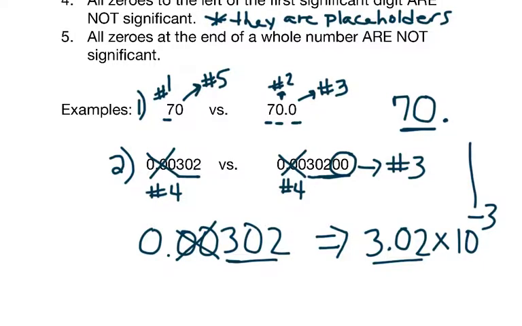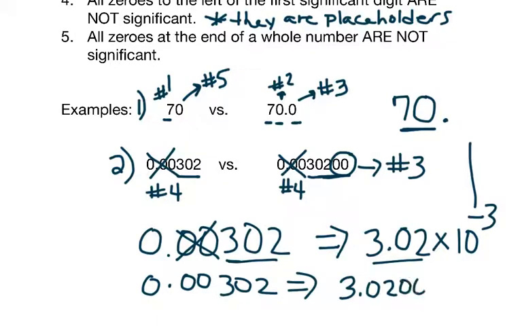Same thing for the other example in this problem. In case you're wondering, yes, you would include those zeros that are to the right because they are significant when you write in scientific notation, but you would not have to include the zeros that are to the left.